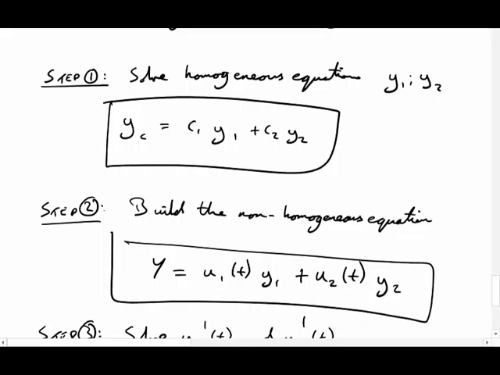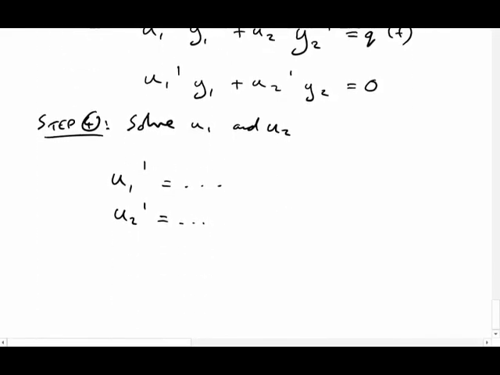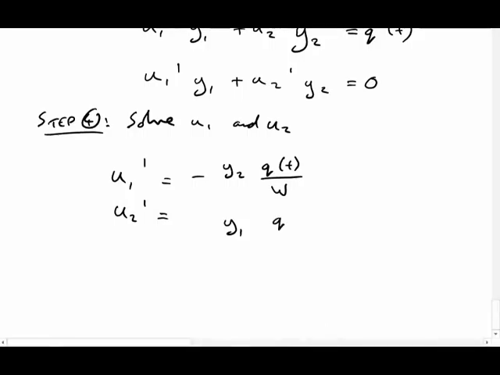If y1 and y2 are fundamental, that is, one can't be written as a multiple of the other, as we've talked about in a few previous videos, then u1 dash will always follow the form y2 times q(t) over the Wronskian, and u2 dash will always follow the form y1 times the same thing, q(t) over the Wronskian.